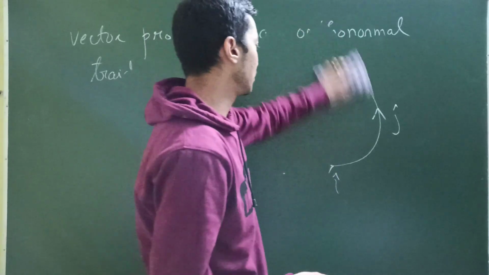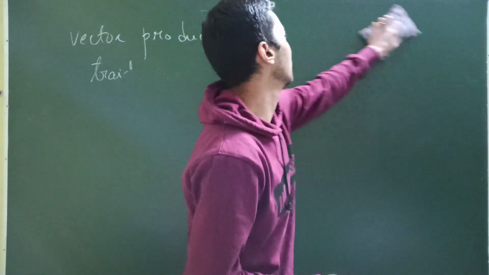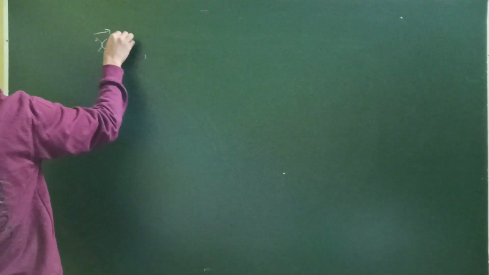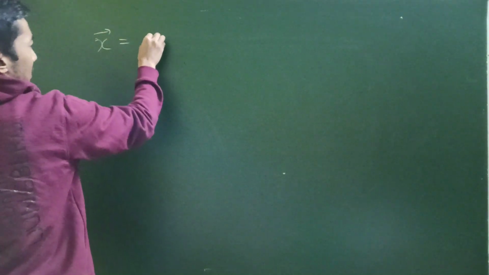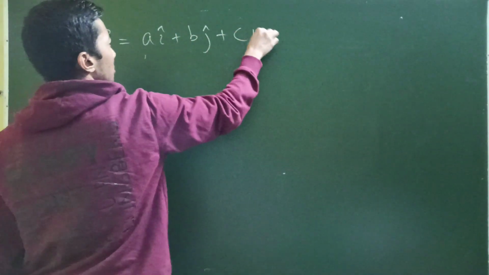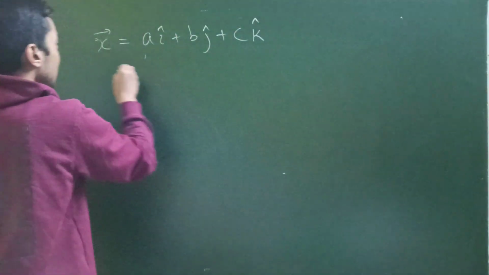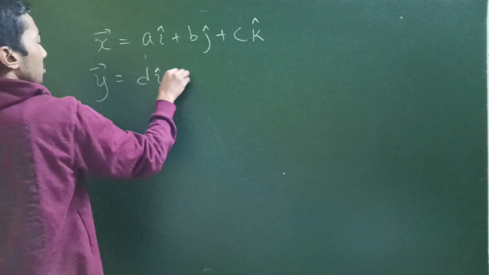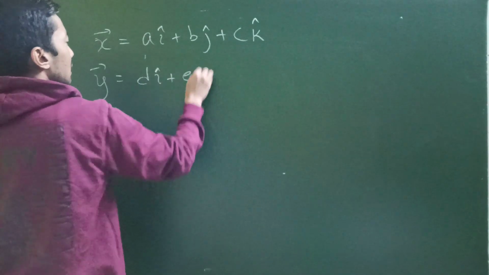Finally, let's learn how to find the vector cross product of two vectors. Imagine x represents another vector, that is ai plus bj plus ck, of course we will do an example on this also. And y vector represents di plus ej plus fk.